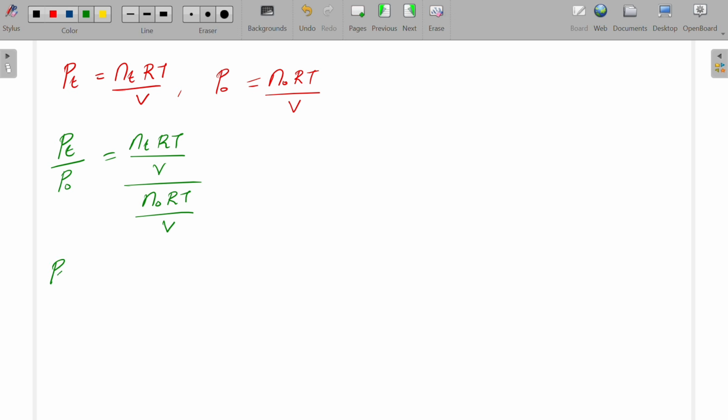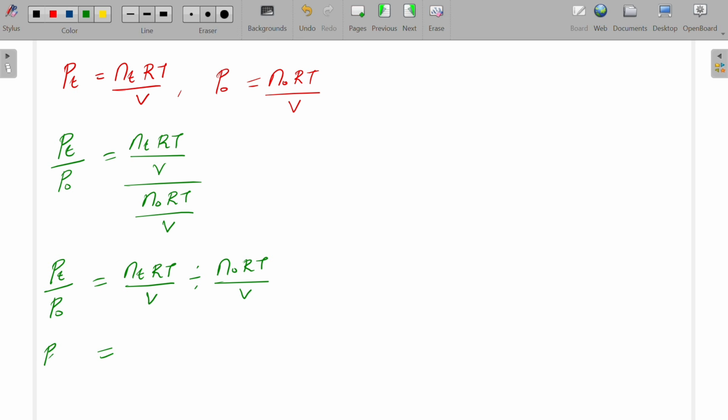So we'll still have our PT divided by P initial. On the other side, we have our NT RT over V, divided by N initial RT over V.